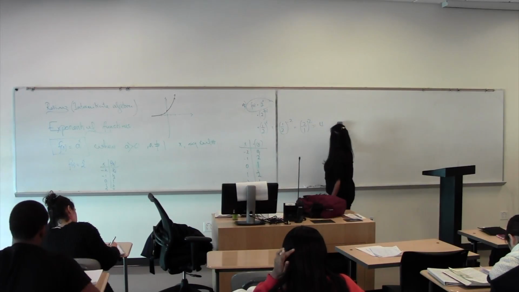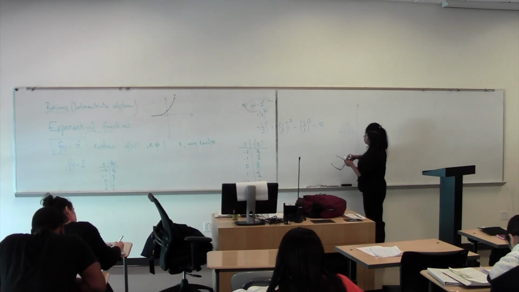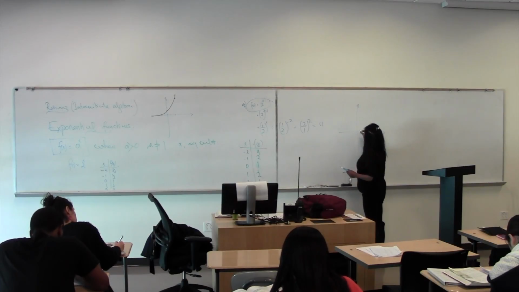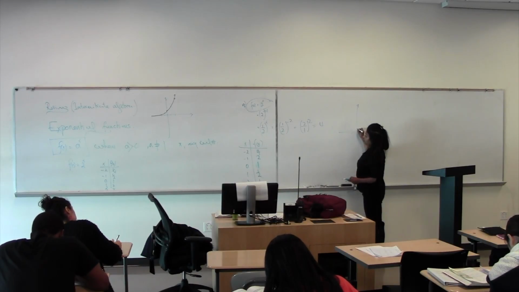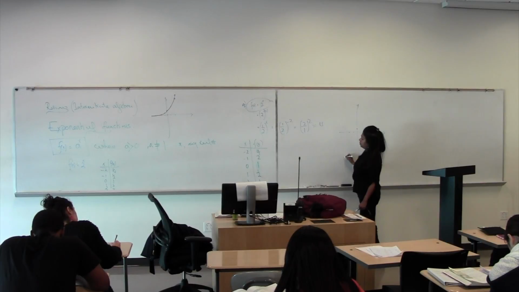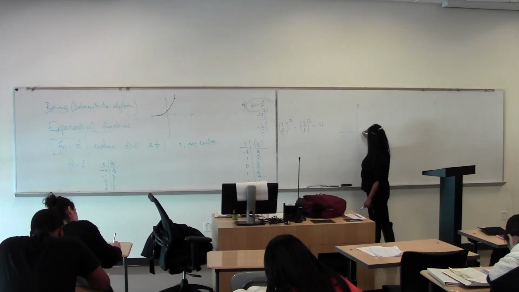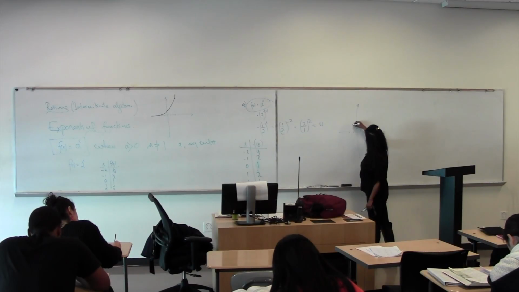So now we know this. Pick some numbers. X is 0, 1; x is 2, 1/4; x is 1, 1/2; x is negative 1, 2; x is negative 2, 4.